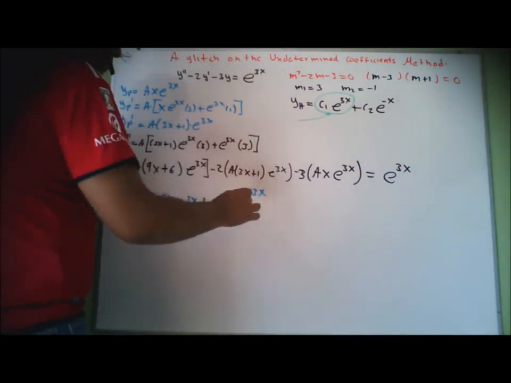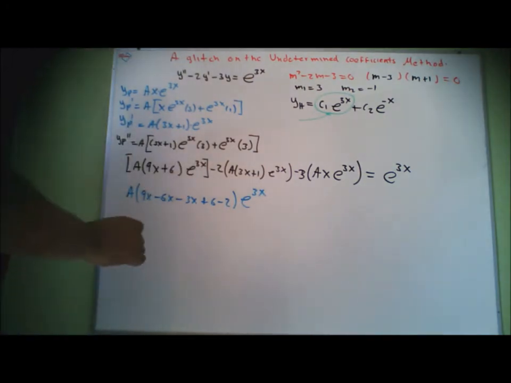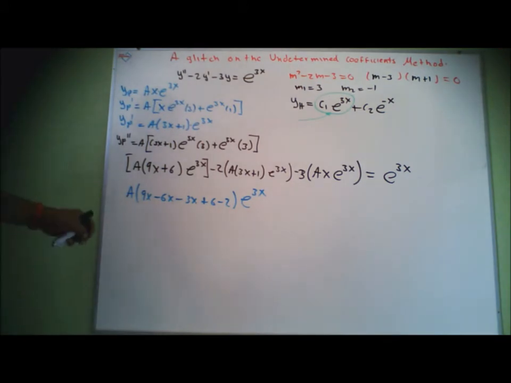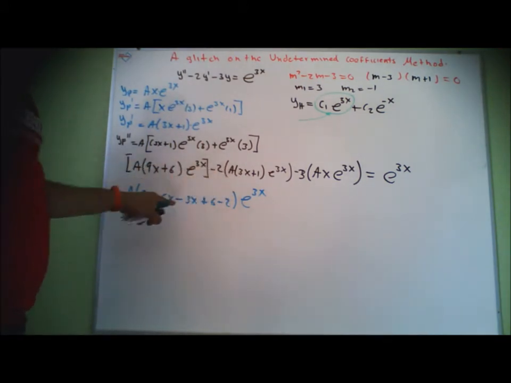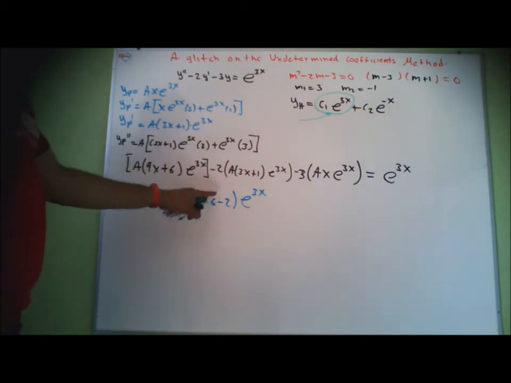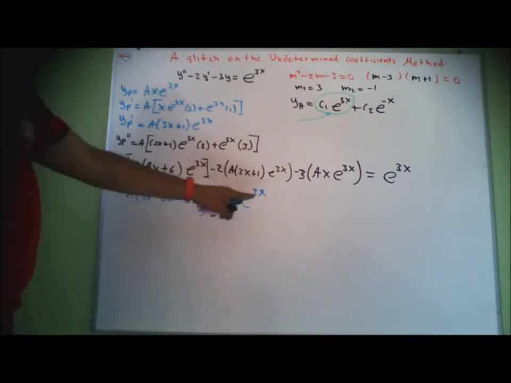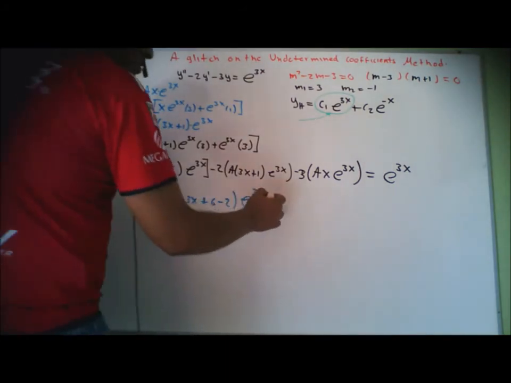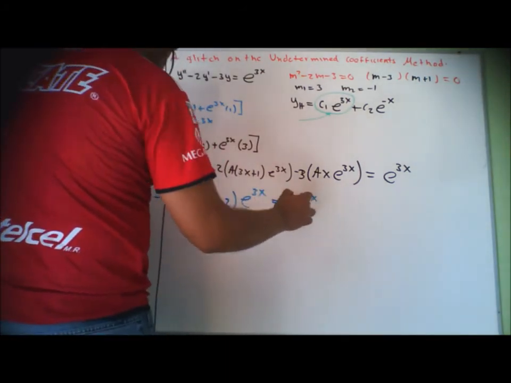Exponential of 3x. We factorize the a on the left and the exponential on the right. Okay, just let me check the numbers: 9x minus 6x, 6 and minus 2. And sorry, I forgot this minus 3x. Okay, it's here. And this should be equal to the exponential of 3x.